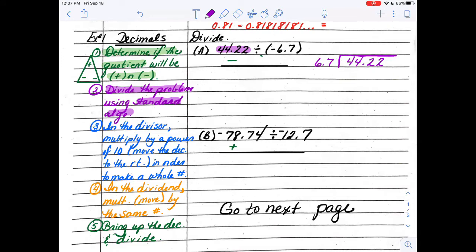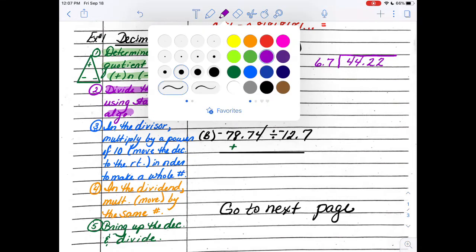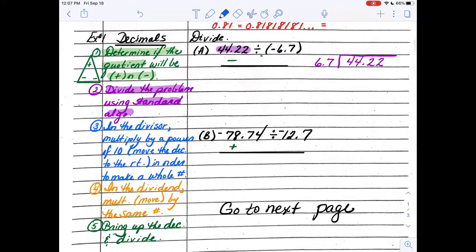Now, nobody really knows their 6.7 times tables, and I need to know how many times 6.7 can go into this next number. So instead of using 6.7, what we do is change that number on the outside, the divisor, to a whole number. I can see that I need to move that decimal one place over.